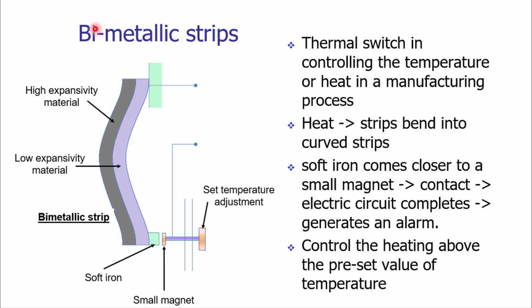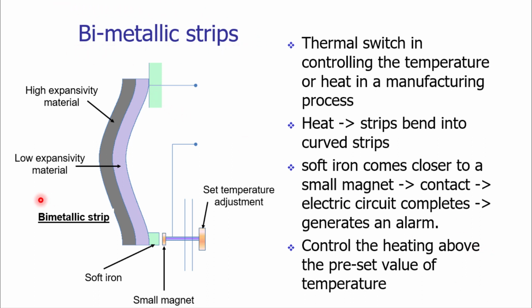The liquefied metal will be utilized for the casting operation, but we want controlled heating of this material. Excessive heating may burn the material or may be hazardous to the entire system. To control the heating, we need to cut off the electric supply to the furnace. So for that purpose, the bimetallic strip would be useful.